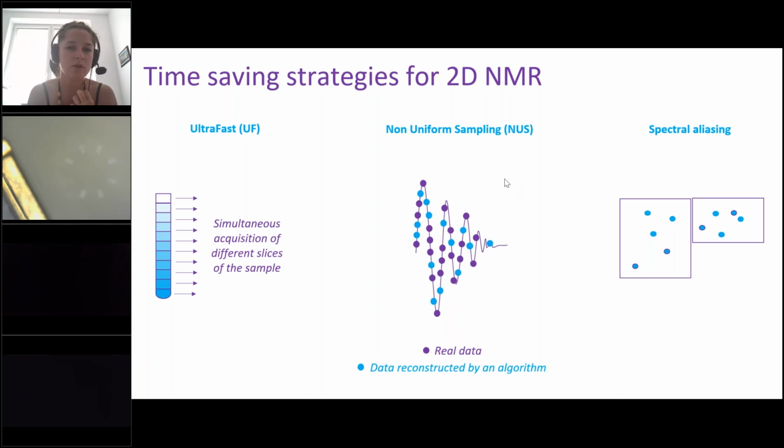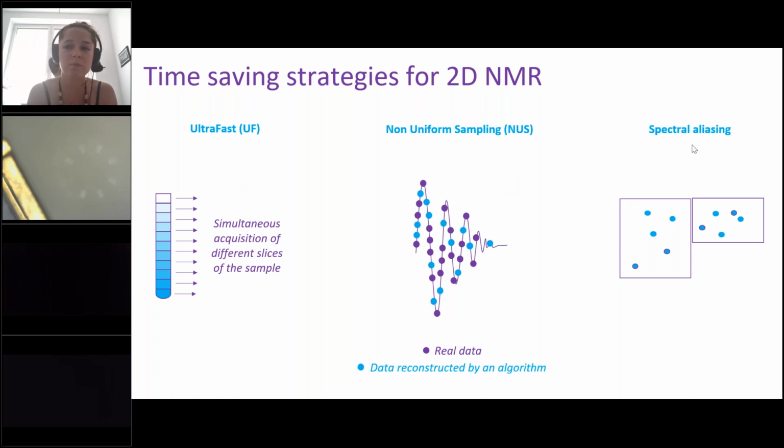There is also non-uniform sampling, commonly called NUS, where only some of the points of the spectra are going to be acquired, and the rest is going to be reconstructed by an algorithm. And it's the person acquiring the data who decides the proportion of the data that should be real and the proportion that should be reconstructed by the algorithm.